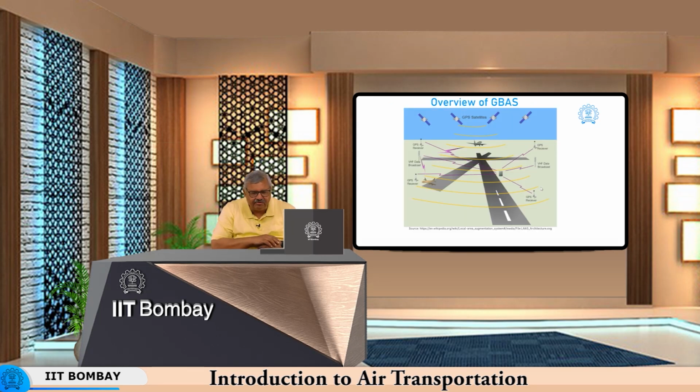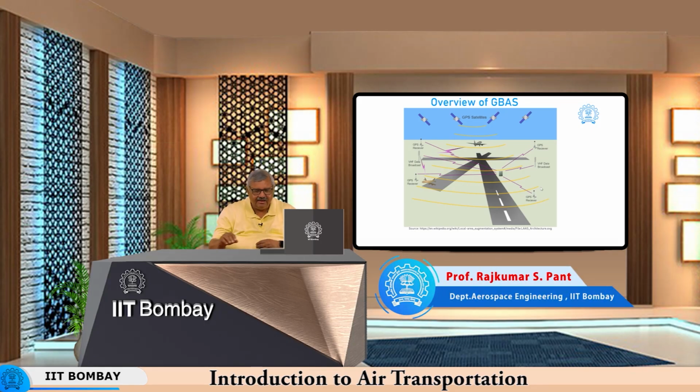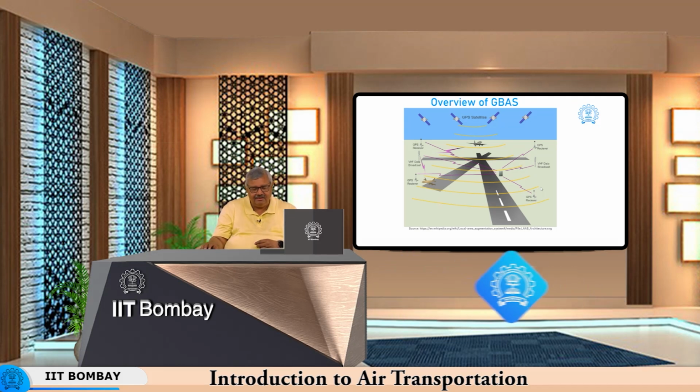So, here is an overview of the GBAS system, how GPS satellites are communicating the location of an aircraft and also the location of an existing GPS receiver or receivers as in this case, and then you calculate the error in the GPS if any based on the predicted value of these receivers against the known values, and then the correction is then transmitted to the aircraft, so that the aircraft pilot can inform everybody else that this is the kind of error which has crept in.